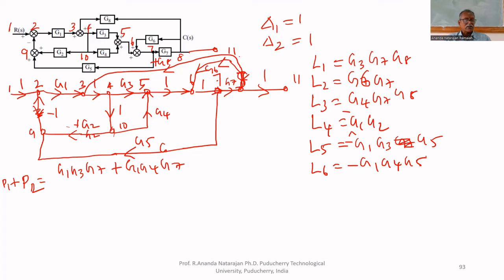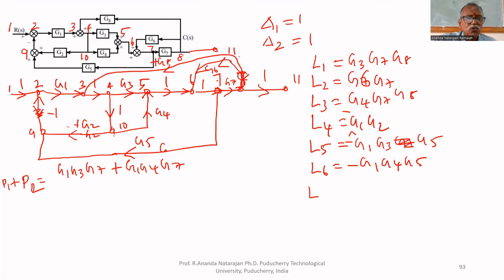So 6 loops I got. Any other loop? How many did we get there? 8. Yes, 8.